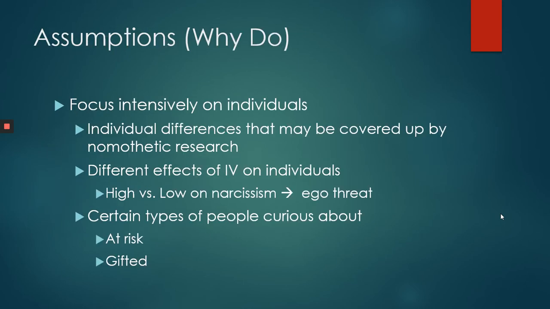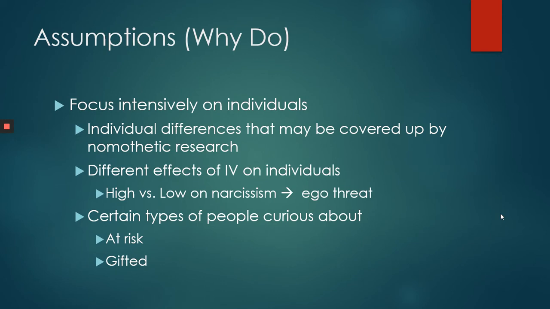Your book talks about assumptions, and these assumptions are kind of why you do this type of research. Since your sample is smaller in single subject designs, you're able to focus more intensively on individuals. If you have 10 people or fewer, you can really focus a lot more on those individual people versus bigger studies with larger groups.